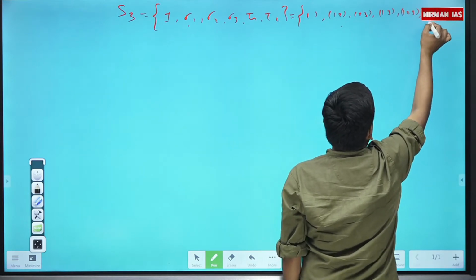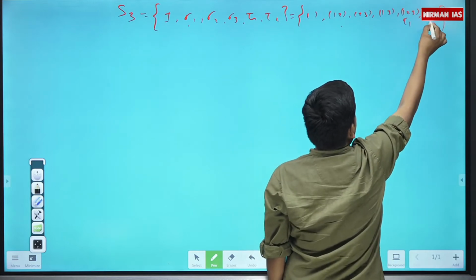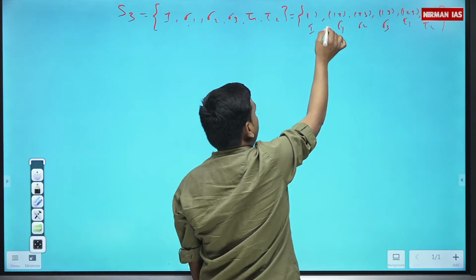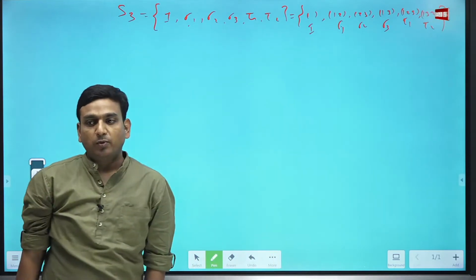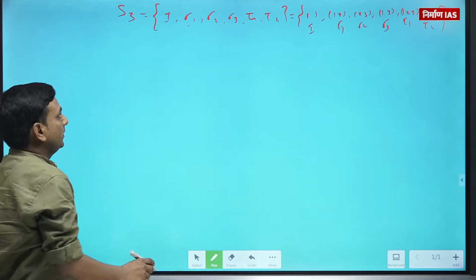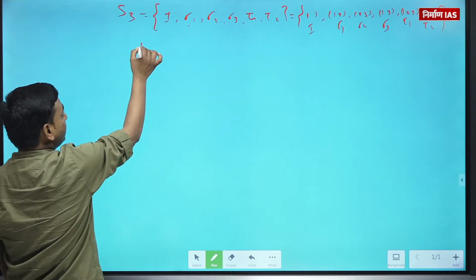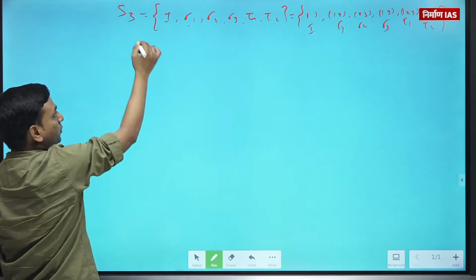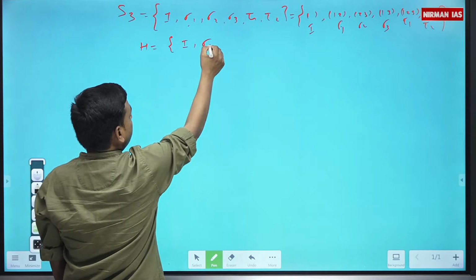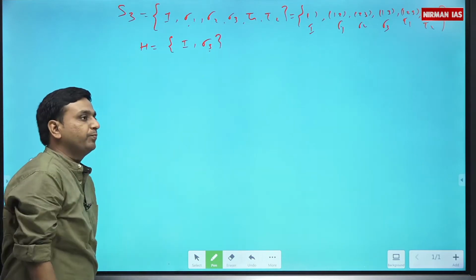Then 1 2, 1 3, 2 3 and so on. This is tau 1, tau 2, sigma 3, sigma 2, sigma 1. This is our group of permutations, S3. Any problem? No.